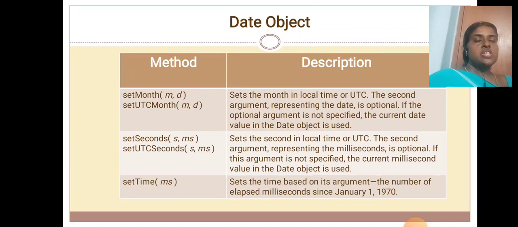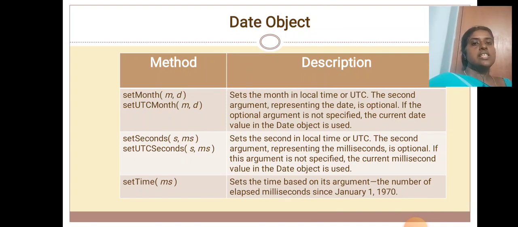Month September is represented by 8. If you want to change the day to 15, you can pass it as 15. So this is used to change the month and day of your system, otherwise the worldwide timing. Here D, the second argument, is an optional one. Optional means you can add it, otherwise you can leave it.